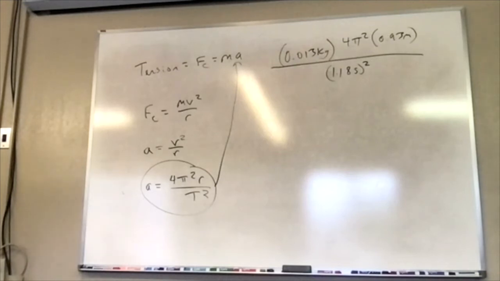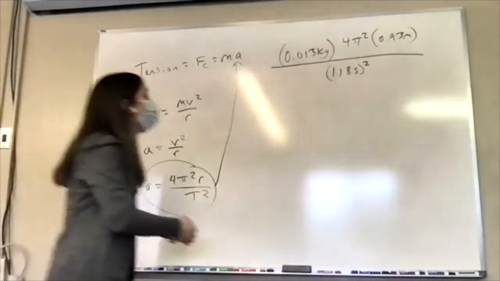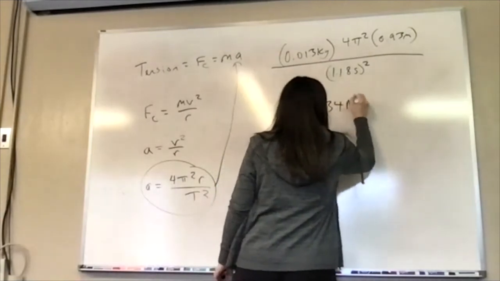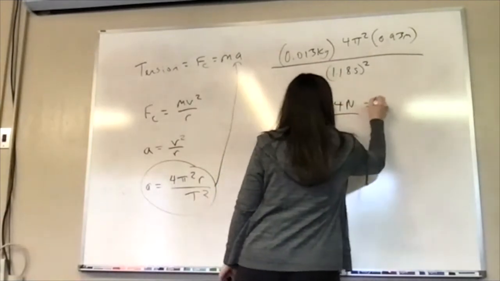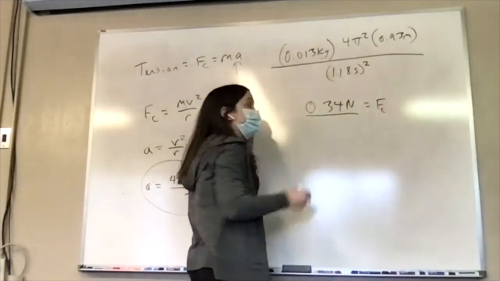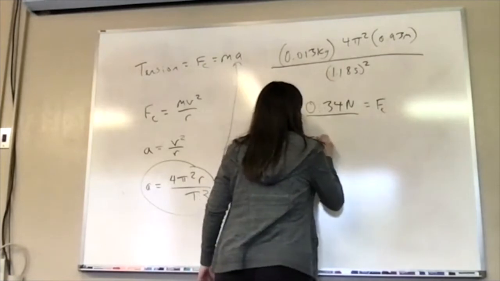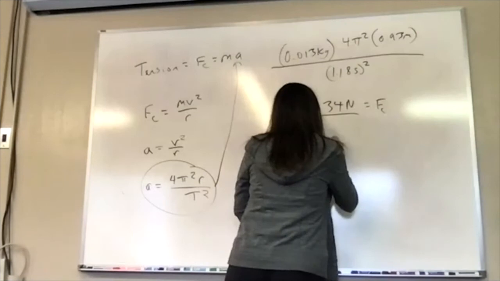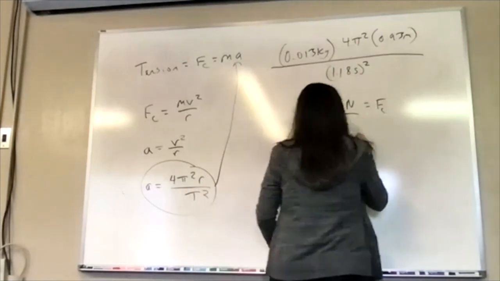Anybody have it? 0.34. What would the units be for this one? Good, Newton's force. So that's the force. Centripetal force, which is also the same as tension. So tension would also equal the same thing. So the tension in the string is also 0.34 newtons.